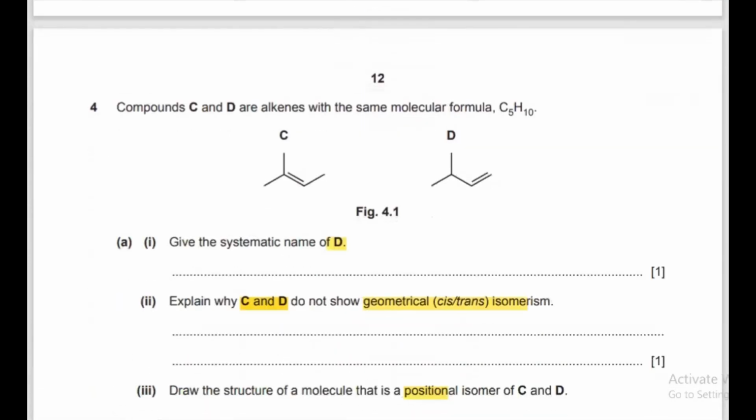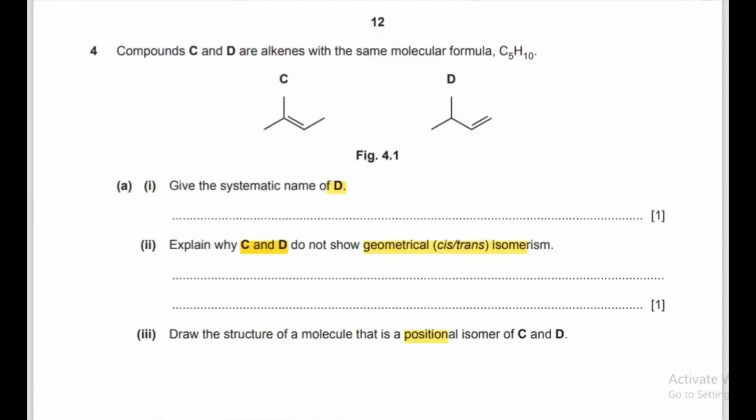Let's see the next question. Now we have compounds C and D, which are alkenes with the same molecular formula, C5H10, meaning pentene is there.